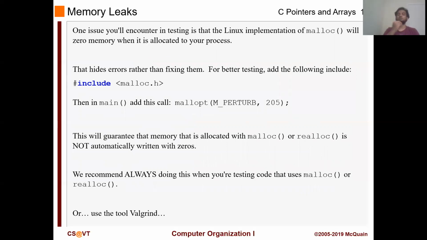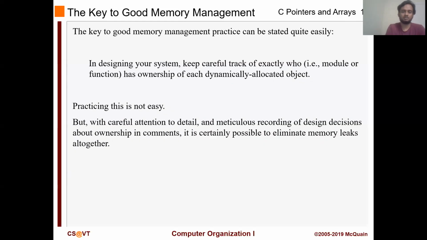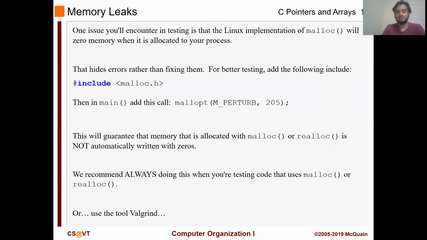Memory leaks. One issue you will encounter in testing the Linux implementation of malloc will be zeroed memory when it is allocated to your process. That hides errors rather than fixing them. For better testing, include the following.